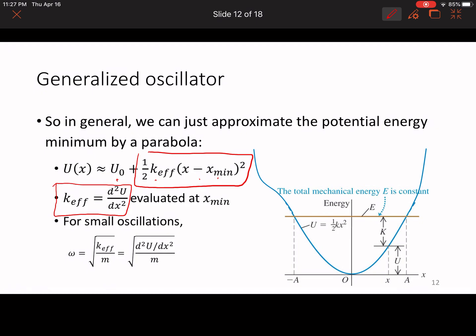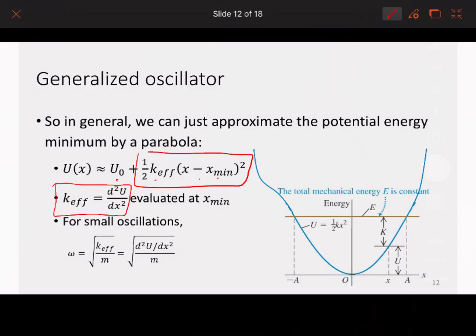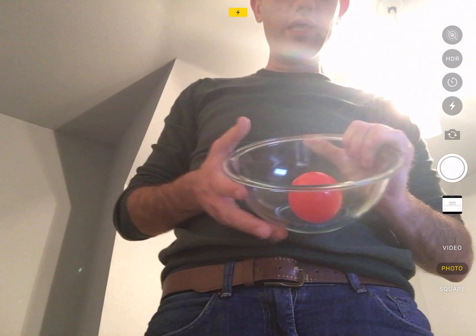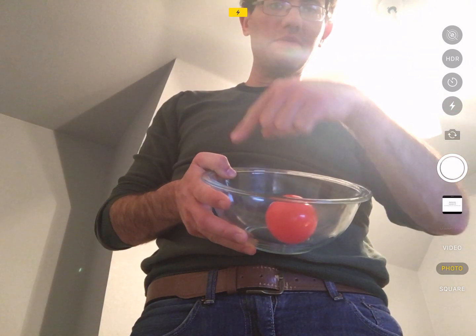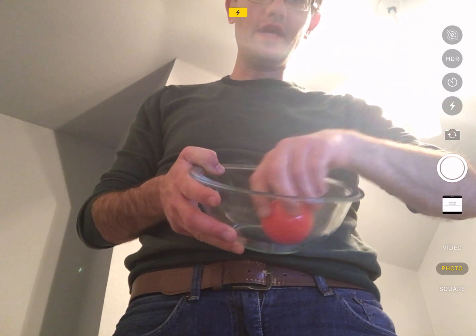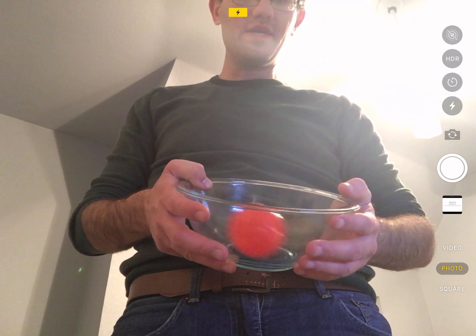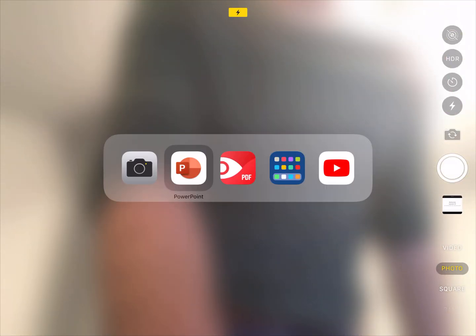So for any arbitrary potential energy surface, for example, going back to my ball in a weirdly shaped potential, all I need to do is figure out the potential energy as a function of position, x, take a second derivative around that point, and I will get an effective spring constant k equal to the second derivative.